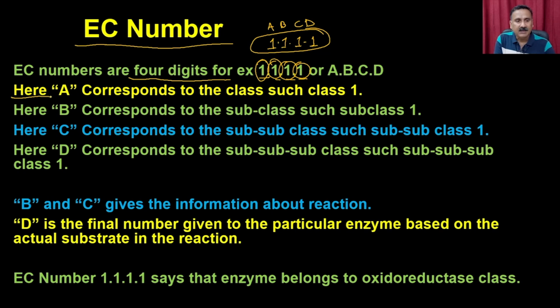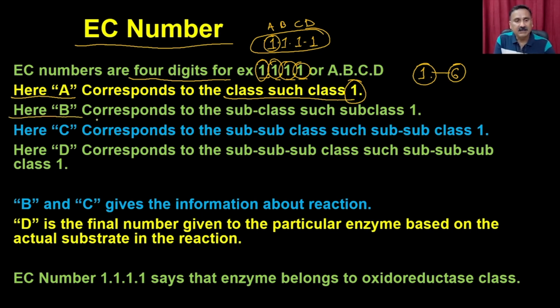Here A, the first digit, corresponds to the class to which this particular enzyme belongs. As I said, the Enzyme Commission has classified the enzymes into 6 classes, so this is from 1 to 6. Depending on the number you see in place of A, you say the enzyme belongs to enzyme class 1.